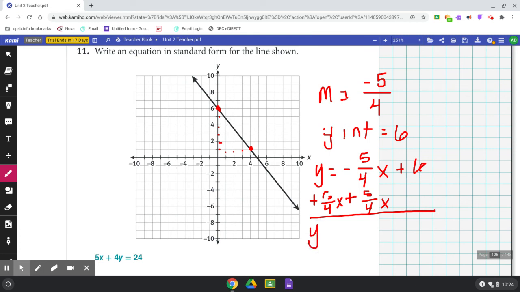And that gives me y plus 5/4 x equals 6.